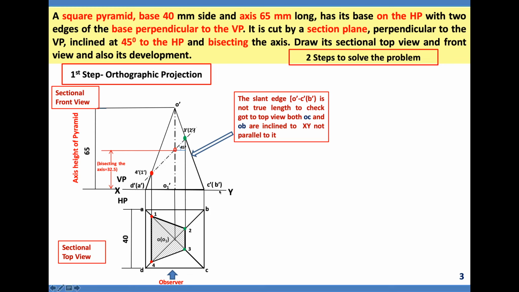That means we have to cross the XY line, go to the top view. Let me take O dash C dash. Its counterpart is OC. Here in the top view, this OC is not parallel to XY, it is inclined to XY. Hence, O dash C dash is not true length.